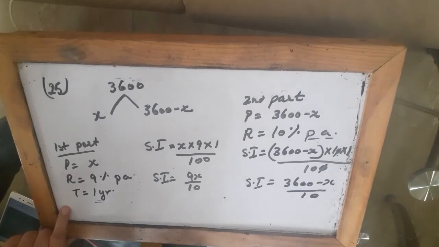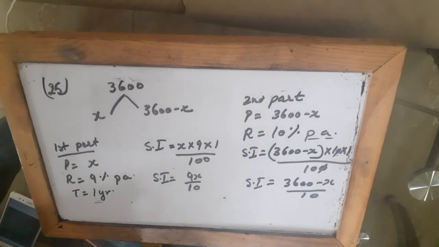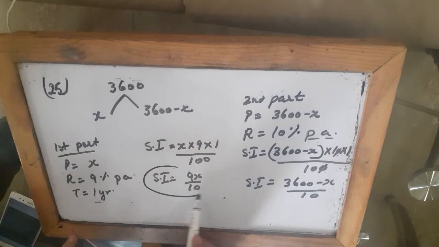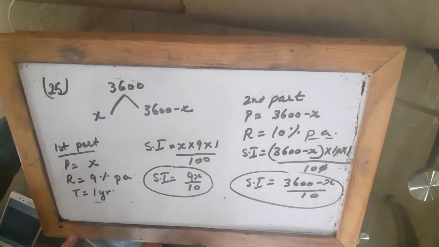And what are they saying? They are saying the total annual income is rupees 333, and I told you the income is the simple interest. It means this simple interest on the first part and this simple interest on the second part together are equal to rupees 333.